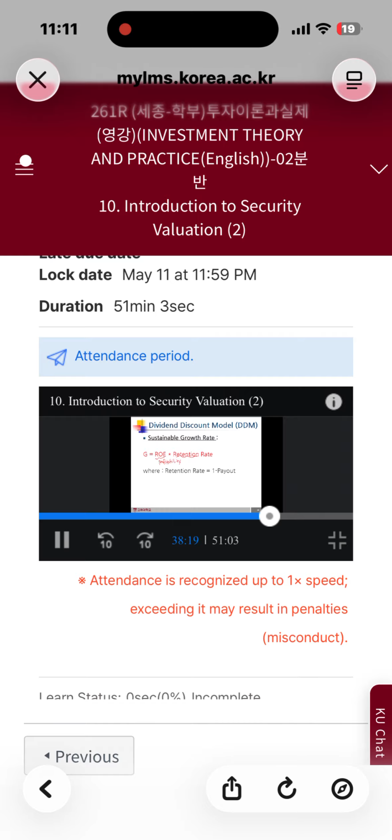Retention is, say, if a firm earns $100 in net income, say net income is $100. From that $100, the firm may pay out to shareholders as a dividend. Dividend is 배당.